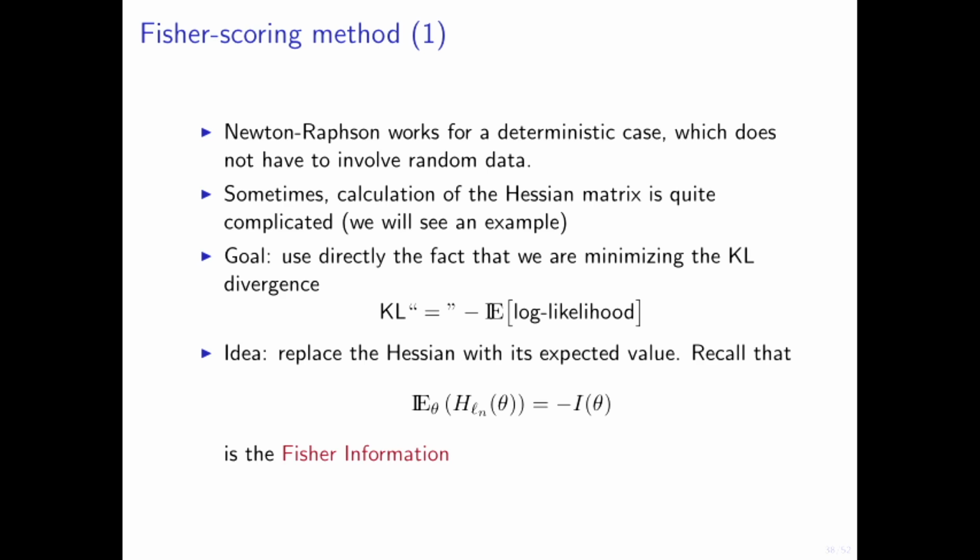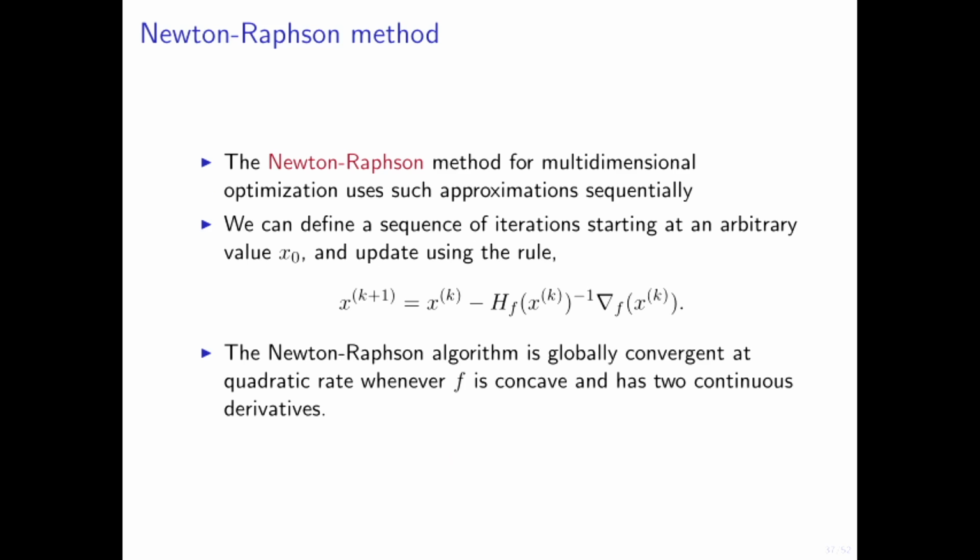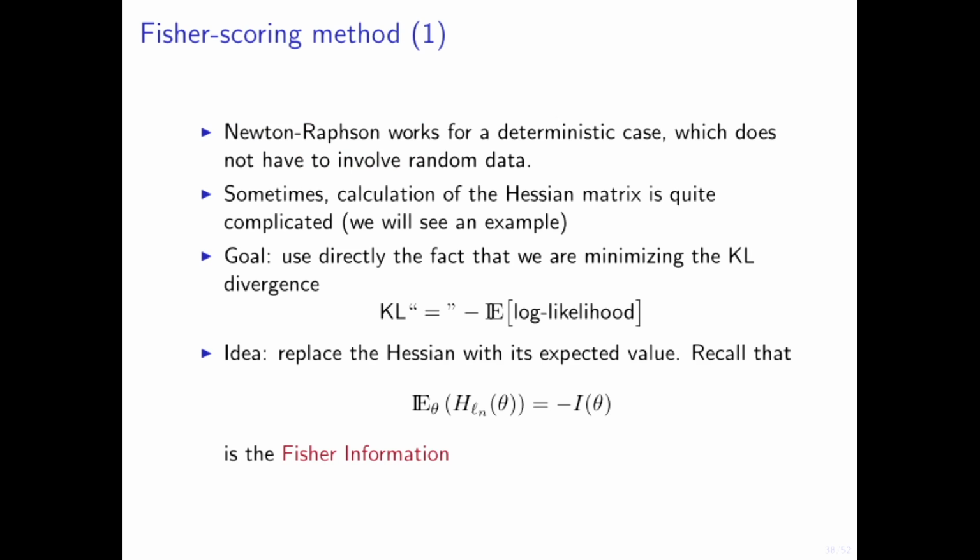So if you look at the previous one, as I said, we're going to have to compute the Hessian h sub Ln of xk and then invert it. But let's forget about the inversion step for a second. We have to compute the Hessian. This is because this is the Hessian of the function we're trying to minimize. But if I could actually replace it, not by the function I'm trying to maximize, the log likelihood, but really by the function I wish I was actually minimizing, which is the KL, right? Then that would be really nice.